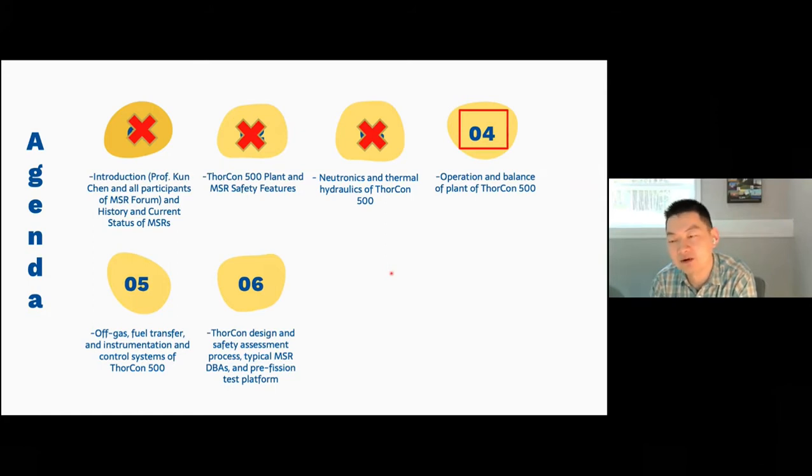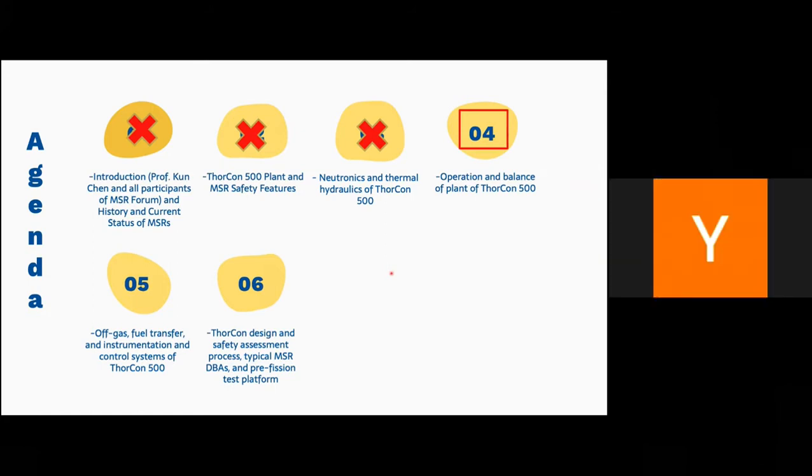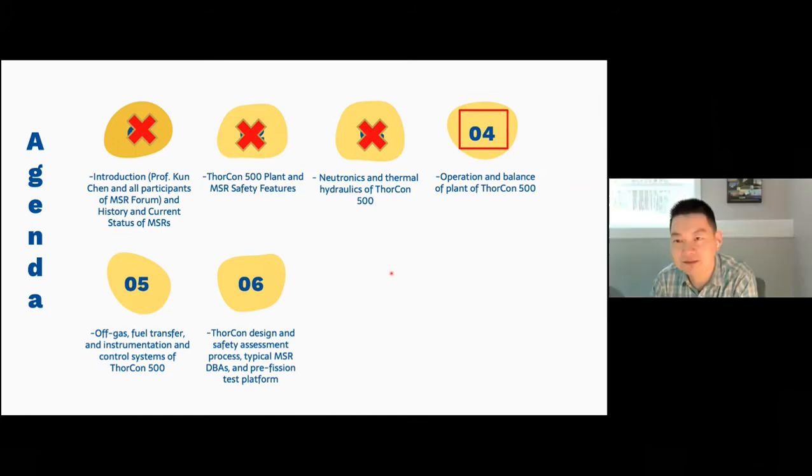And also every accident, every anticipated operational occurrence arises from normal operation. So it's very important for us to understand how we're going to operate this power plant and how the components and systems behave during normal operation.